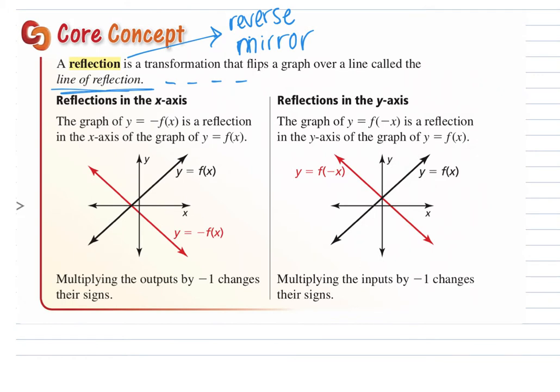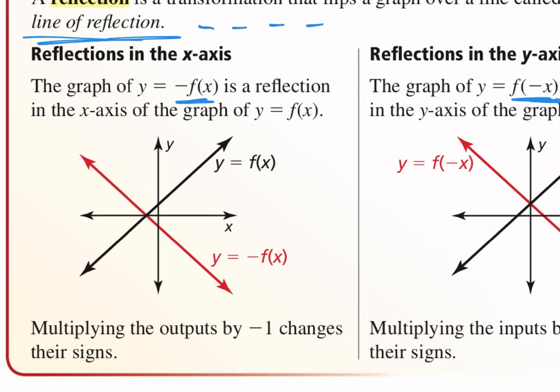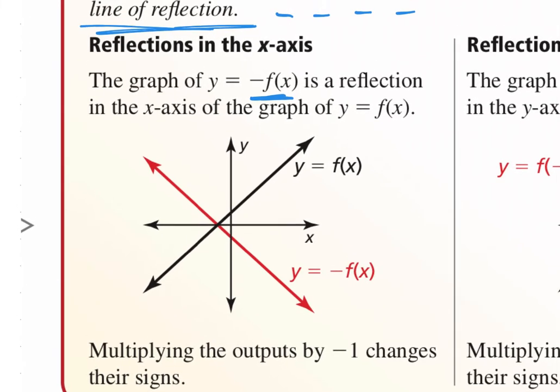There's a reflection over the x-axis, which is when we make y equal to negative f of x. And there's a reflection over the y-axis when we make y equal to f of negative x. So all you need to do is either make x negative or f negative, and you're reflecting it over an axis.